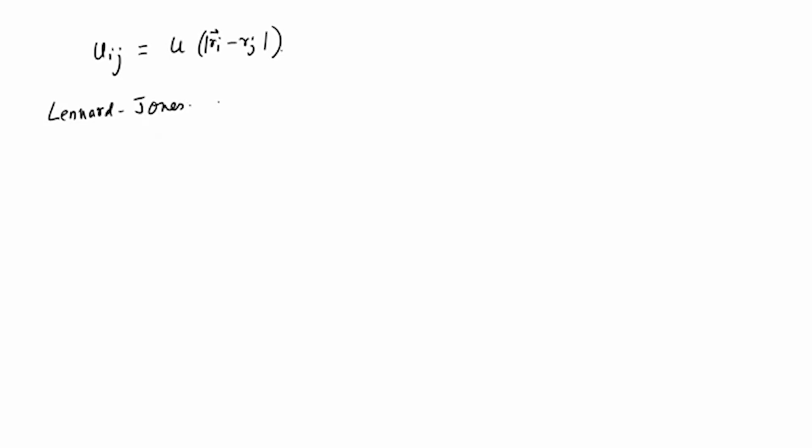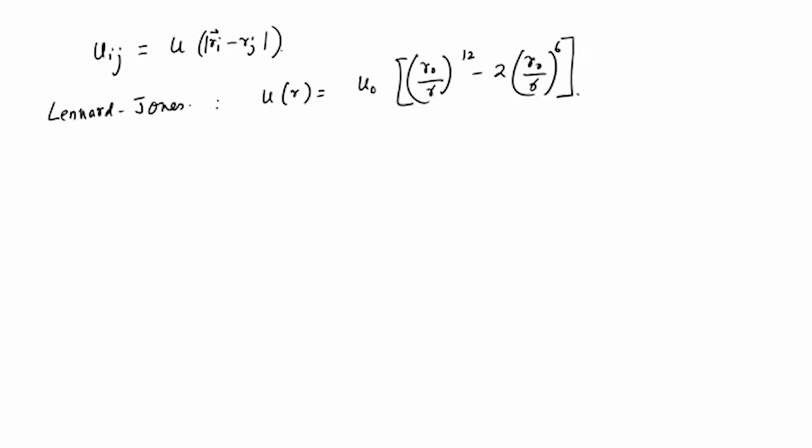for u_ij, and this tells you that u of r is equal to some u_0 times (r_0 over r) whole to the power 12 minus (r_0 over r) whole to the power 6. It is also called a 6-12 potential because of this form, and this r is a variable and r_0 is some distance.